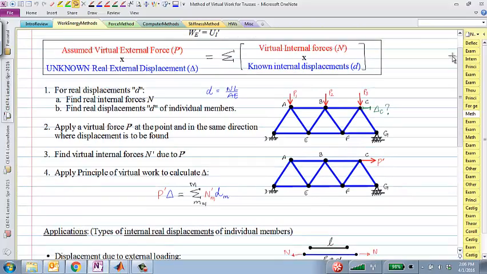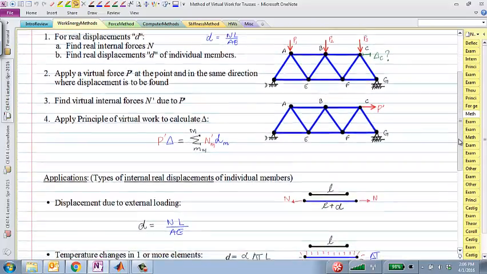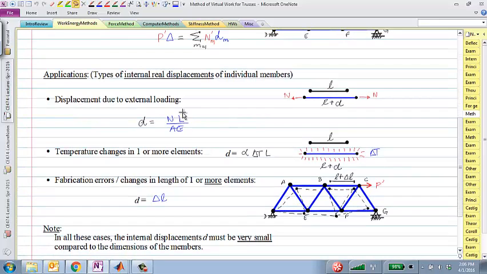When we were talking about the virtual work method, this is a common mistake that I've seen. Just changing L in NL over AE will not do anything, will likely be an extremely small effect. That is not what the virtual work method does to account for small changes in length because of misfit or temperature change.